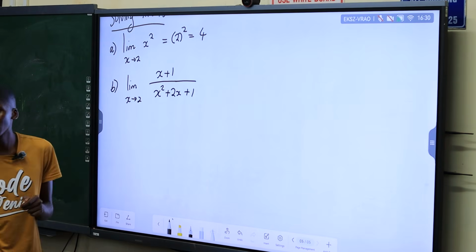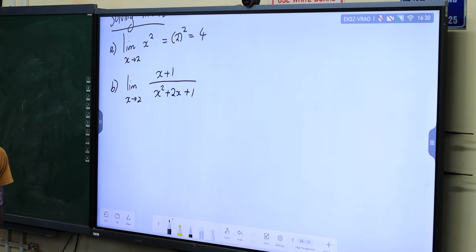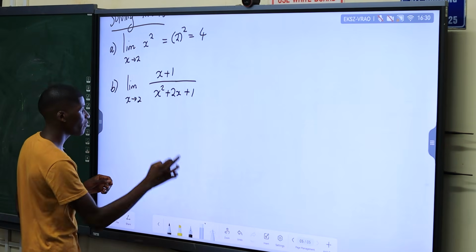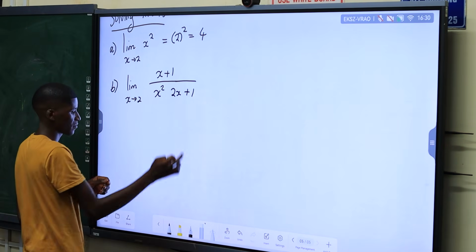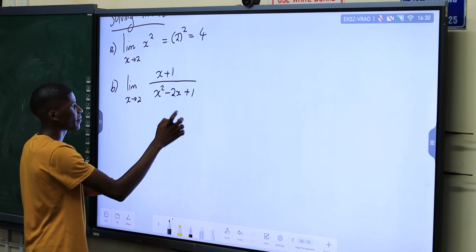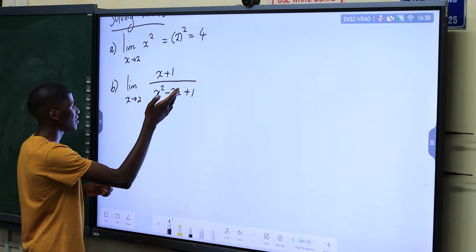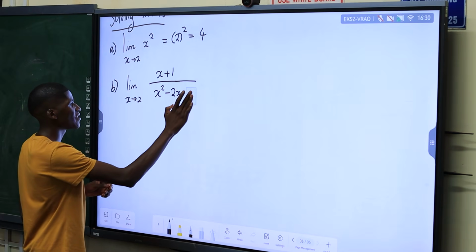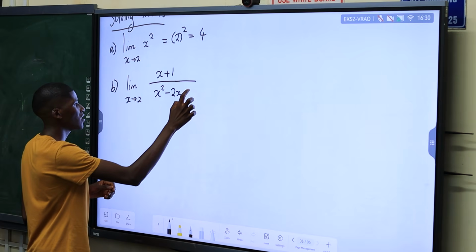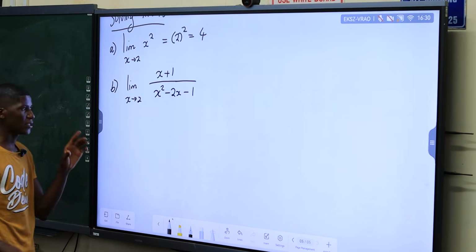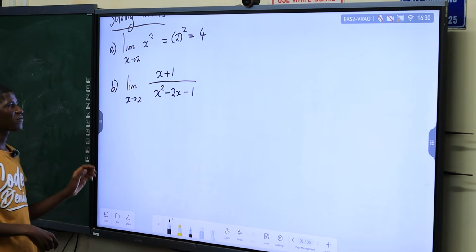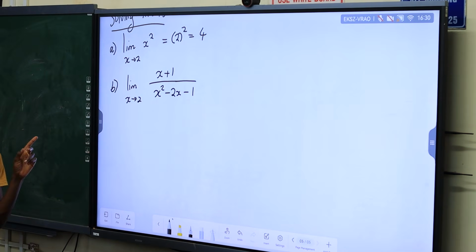Find this limit. Substitute. If you put a 2 there, what do we do? When you substitute, you will get an answer. We put minus 2x, and then minus 1, and at the top we put x plus 1.